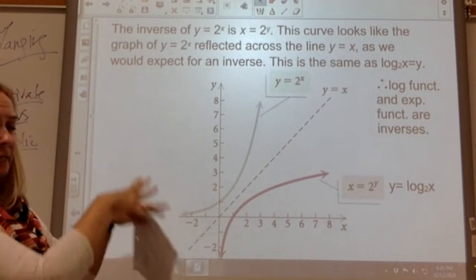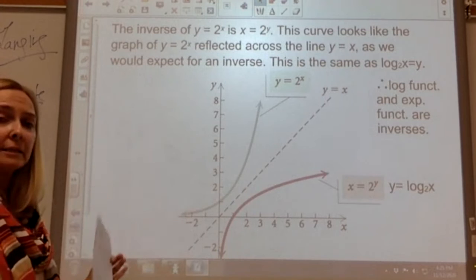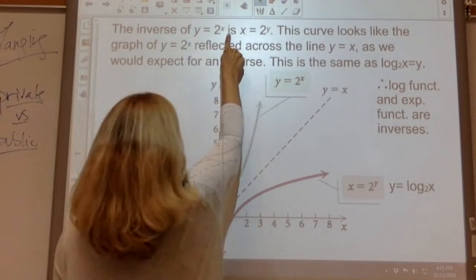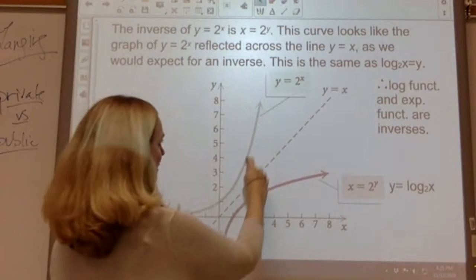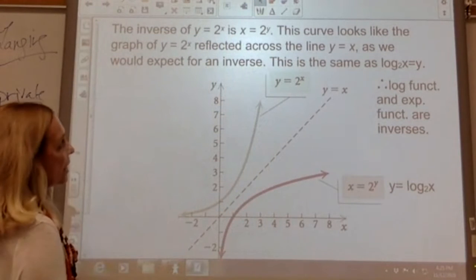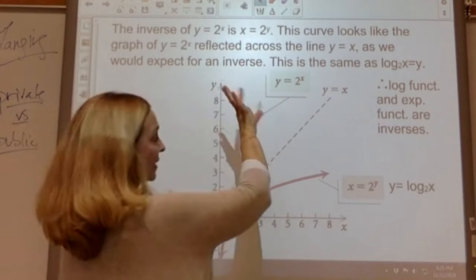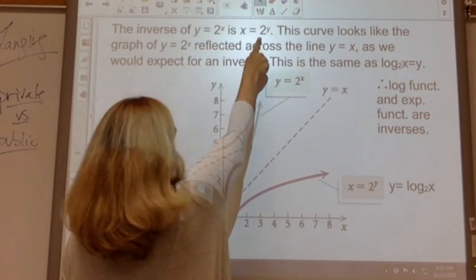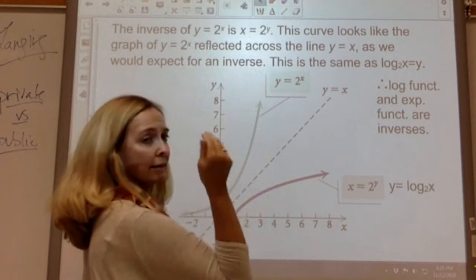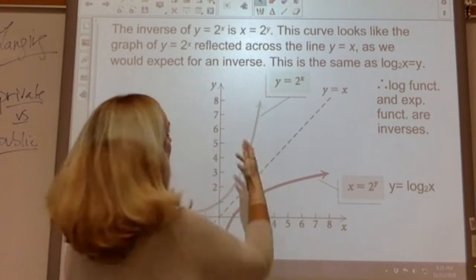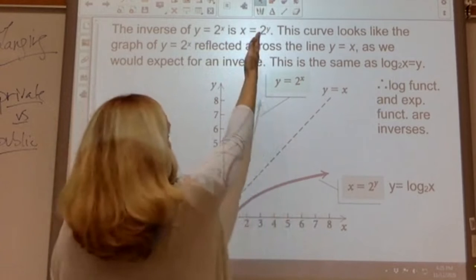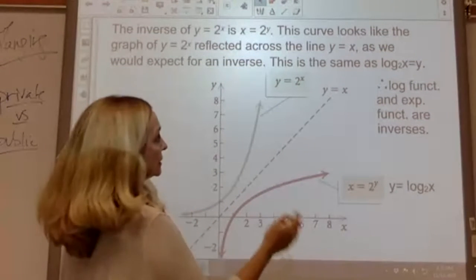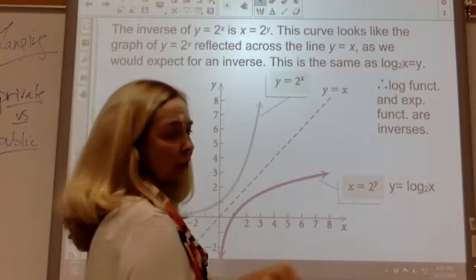All right? Now, it's going to talk about inverses. So the reason we did exponentials before we did logs is because these are inverses of each other. If we had the equation y equals 2 to the x, that is a growth function, then this would be the graph. All right, if I find the inverse of that and I switch x and y, I get x equals 2 to the y, okay? Now in the calculator, I can't type that in because it's going to be y equals, and my y is a power here. So we would use logarithms, and so this is a mistake on the notes that are online.